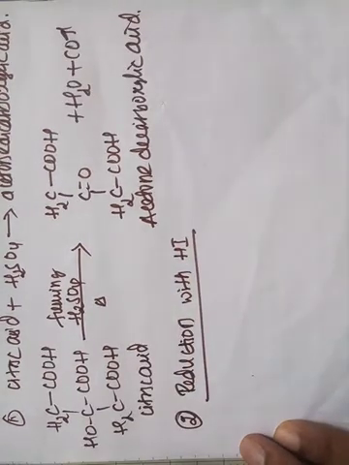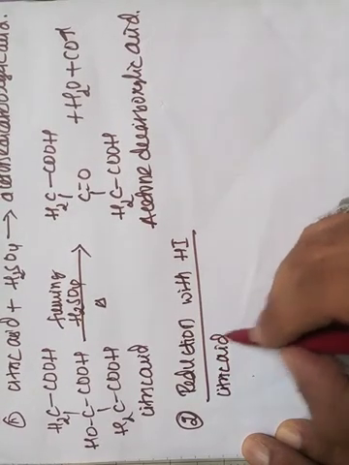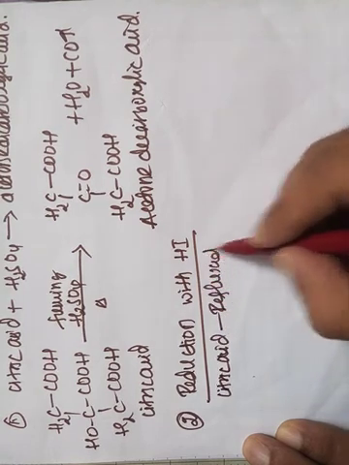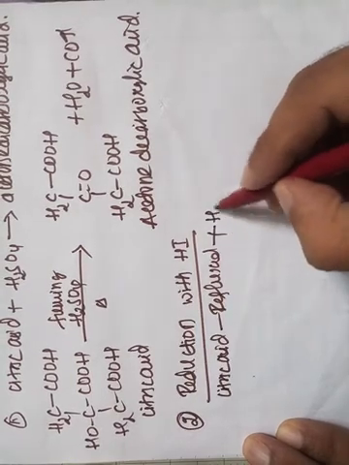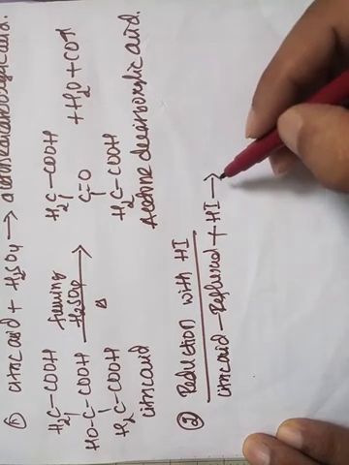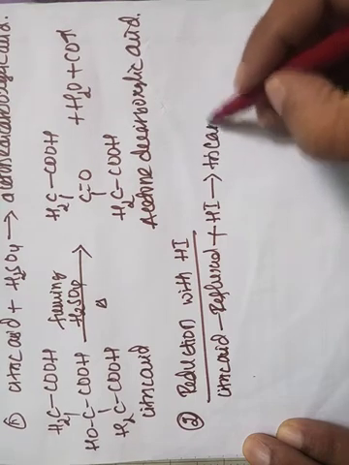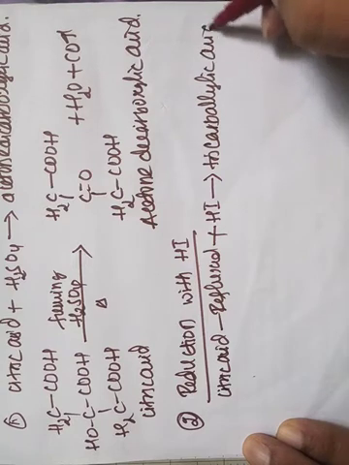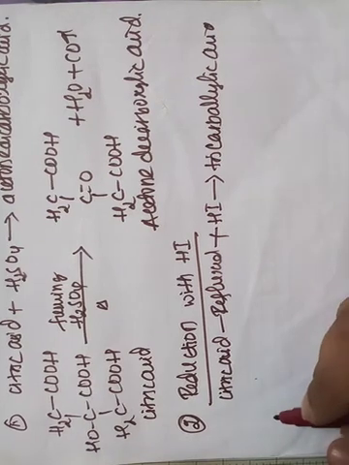When citric acid is refluxed with hydroiodic acid, that is HI, it forms a tricarboxylic acid. Let us write its equation.